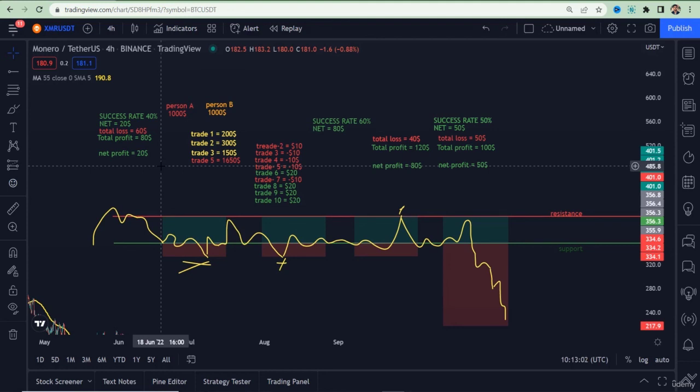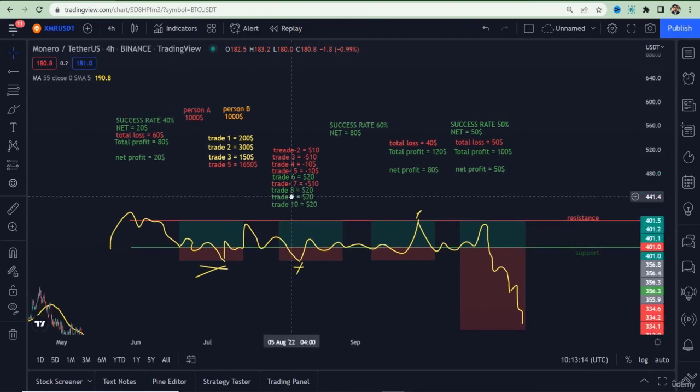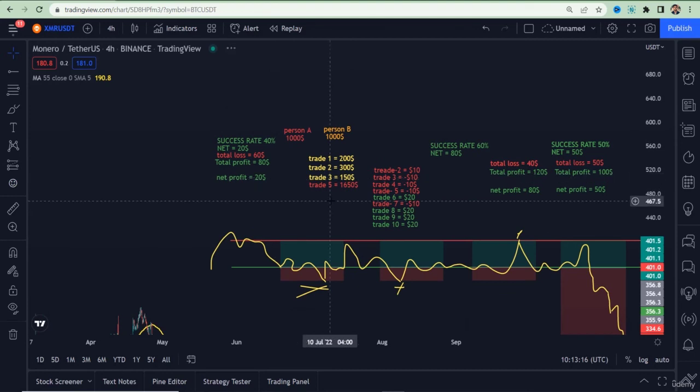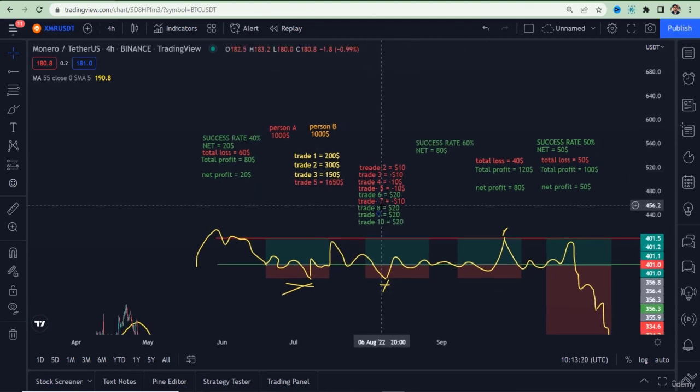That means you can lose 6 trades. Out of 10 trades, you just need 4 of them to be profitable. Even if you lose 7 trades, you will be at break even. I can try to do that math as well. So even if you lose the 7 trades, you just get to break even. You do not lose anything.